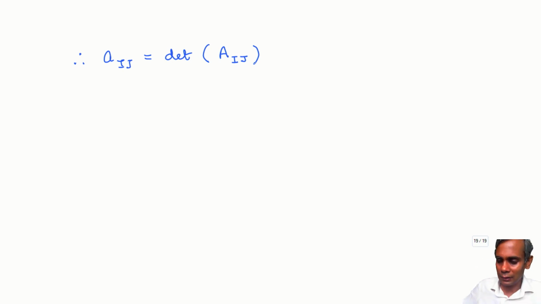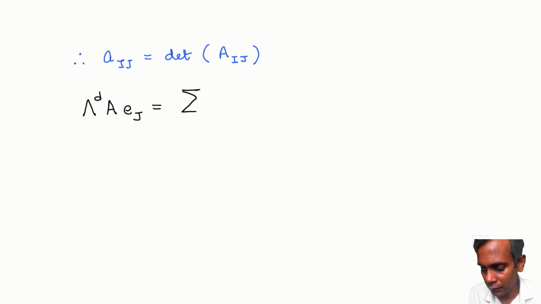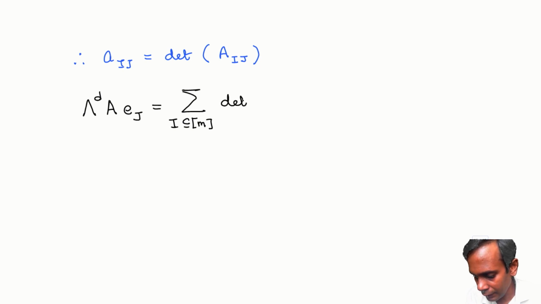So what we have is the formula: wedge^d A applied to e_J is the summation over I subset of m of the determinant of A_{IJ} times f_I.